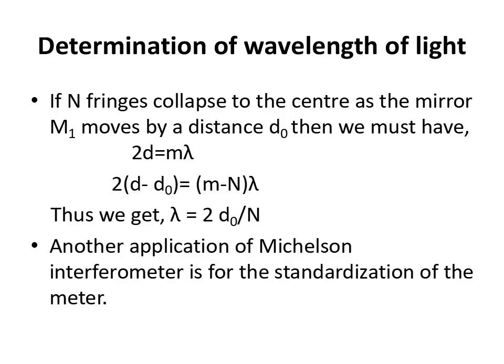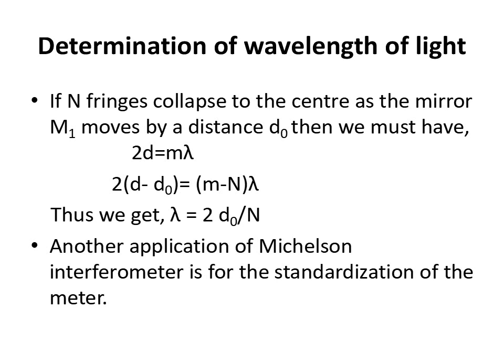One of the important applications of Michelson interferometer is to determine the wavelength of light. If n fringes collapse to the center as the mirror M1 moves by a distance d0, then we must have two equations: 2d equal to m lambda, and 2(d minus d0) equal to (m minus n) lambda, where n is the number of fringes collapsed to the center.